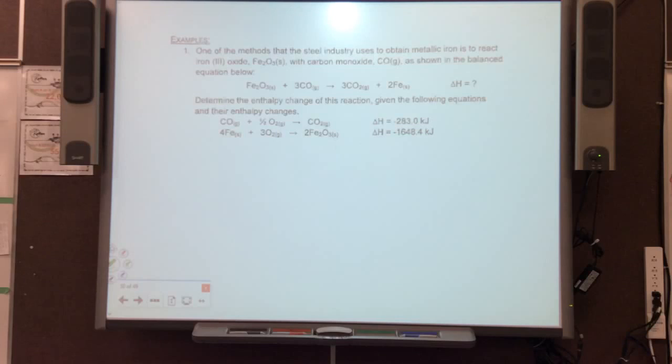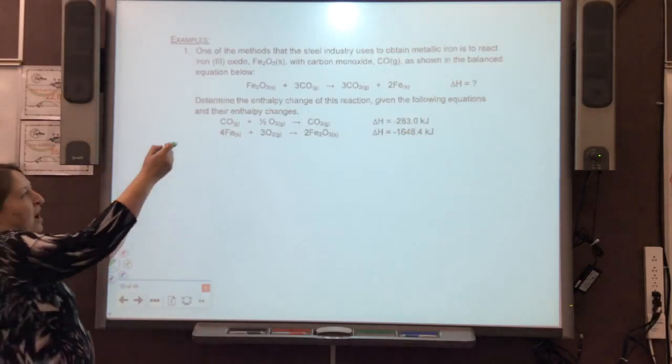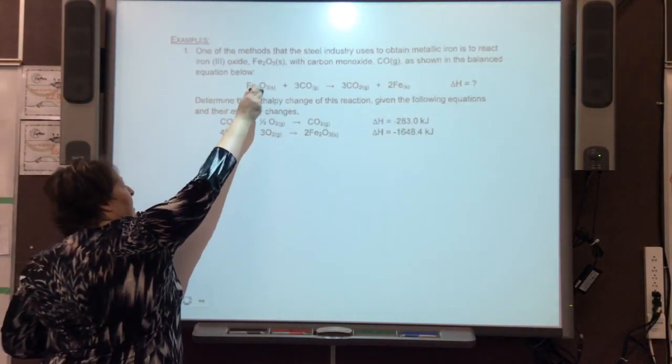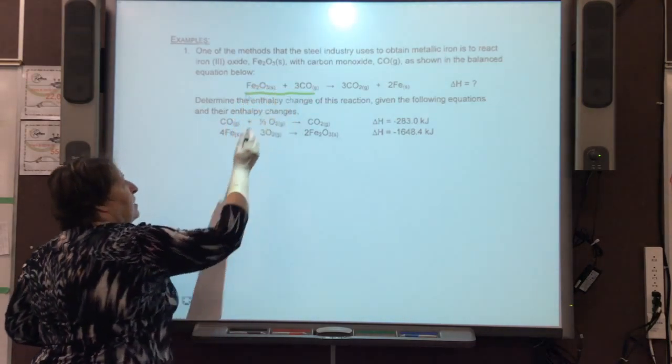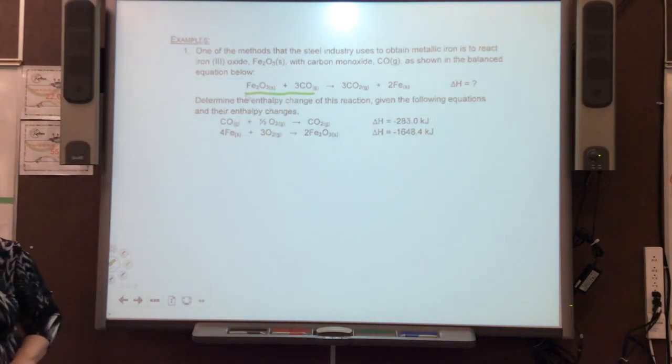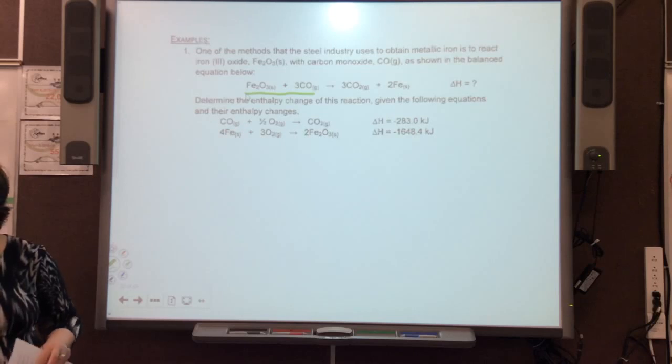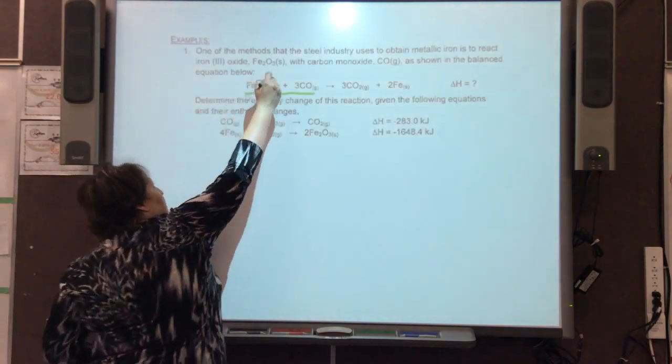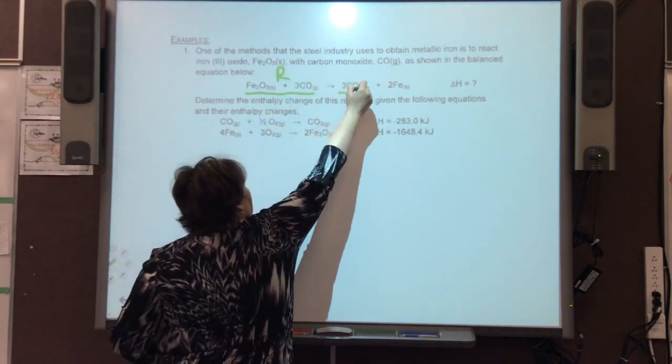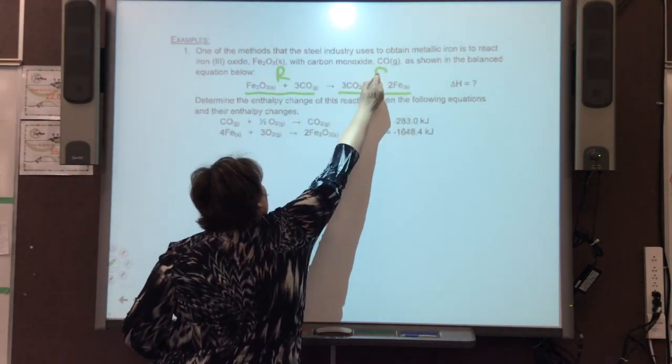So we need to look at iron 2 oxide. What is this side? Reactants or products? You only have 2 choices. This is a reactant, and this side is product.